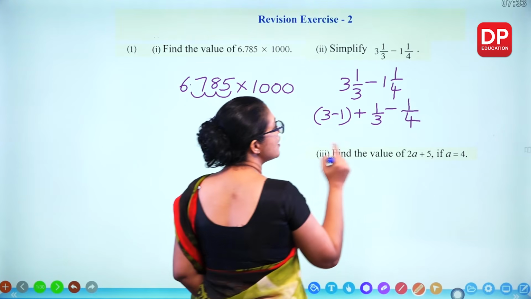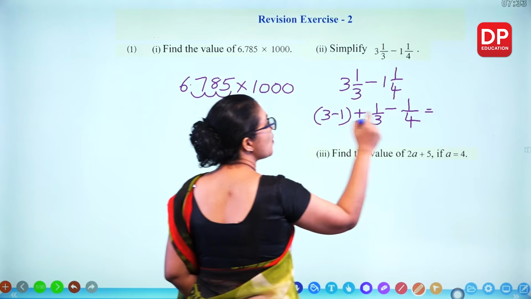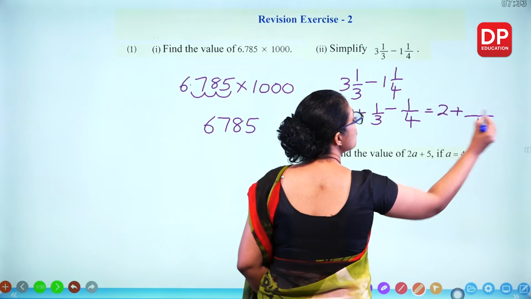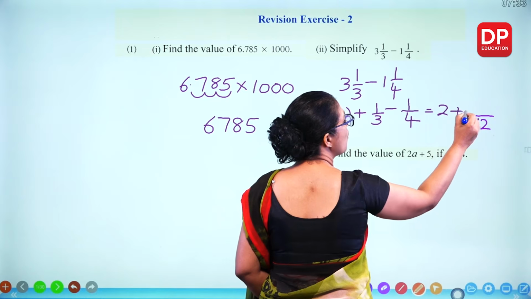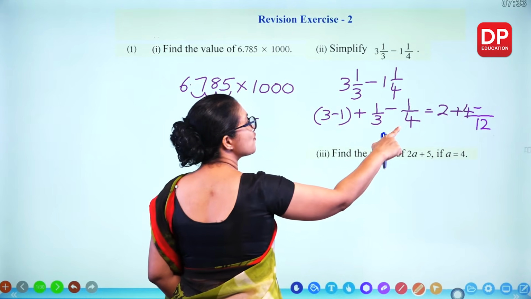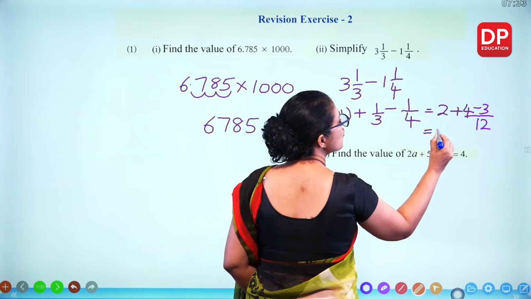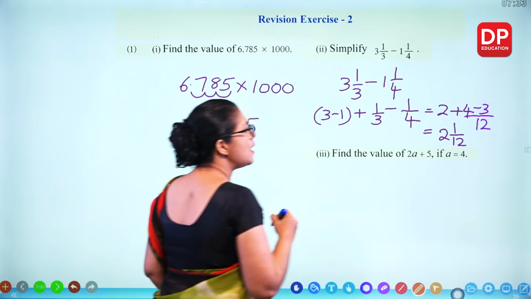You can convert to 12. So I can write 3 minus 1, 2. And common denominator is 12. So 4 times 3, 12. 4 times 1, 4. 3 times 4, 12. 3 times 1, 3. 4 minus 3, 1. So 2 and 1 over 12. That's a mixed number.